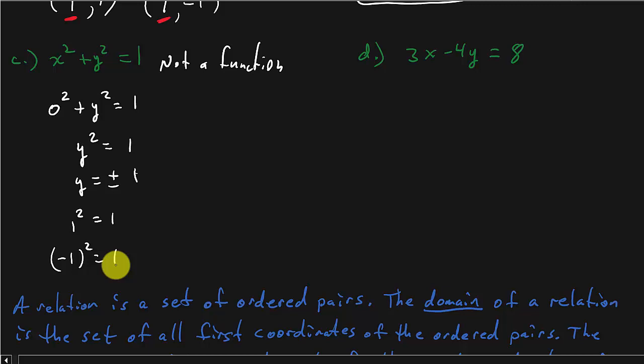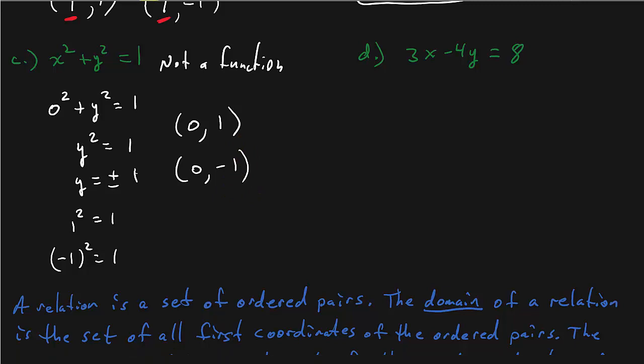So what happened here is my x coordinate was 0, and I calculated my y coordinate to be 1, and also when x was 0, I calculated my y coordinate to be negative 1. And now you can see I got the same x value with two different y values. So this one's not a function.